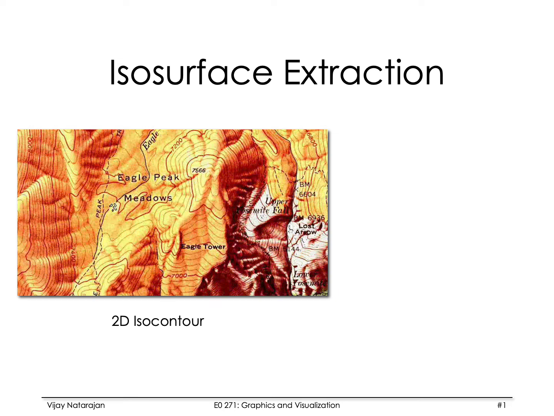So in the 2D case, we had an isocontour that was defined as the pre-image of a scalar value. So if you had something like an elevation map as shown here, one way to visualize the elevation or the terrain is by drawing a collection of curves where each curve represents a set of points that have a given elevation.